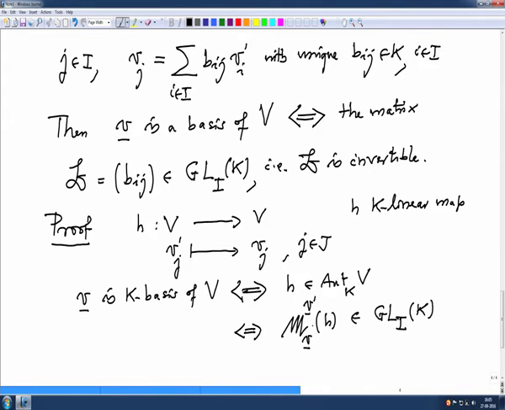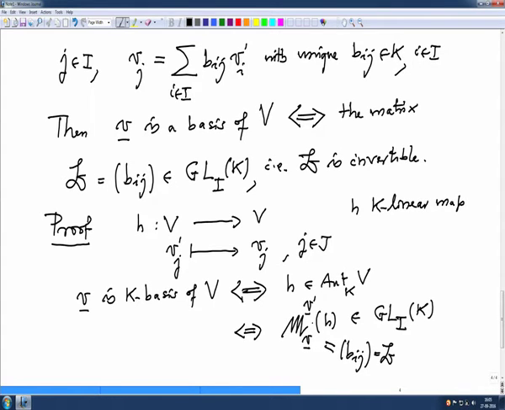But what is this matrix? This matrix is precisely the Bij matrix, which is B. That is because we have these equations. The jth element is written in terms of this. Maybe I have to be a little careful with the basis.